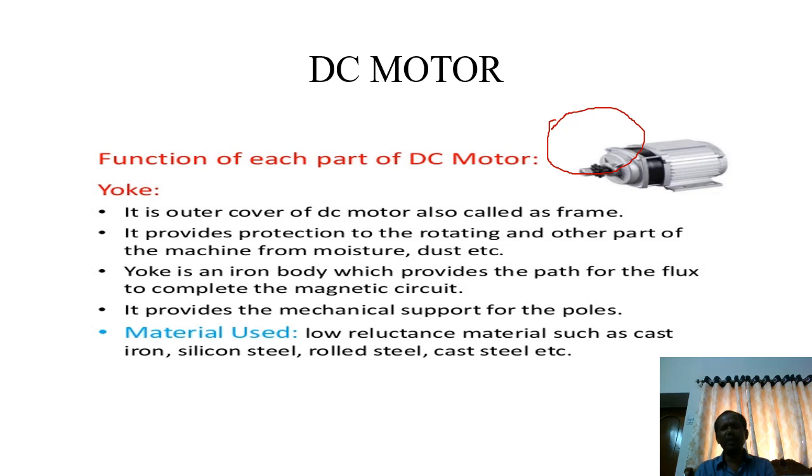What type of material is used for the yoke? It has high strength, is dust free and provides long life. The material used for the DC machine yoke is low reluctance material such as cast iron, silicon steel, rolled steel, and cast steel.